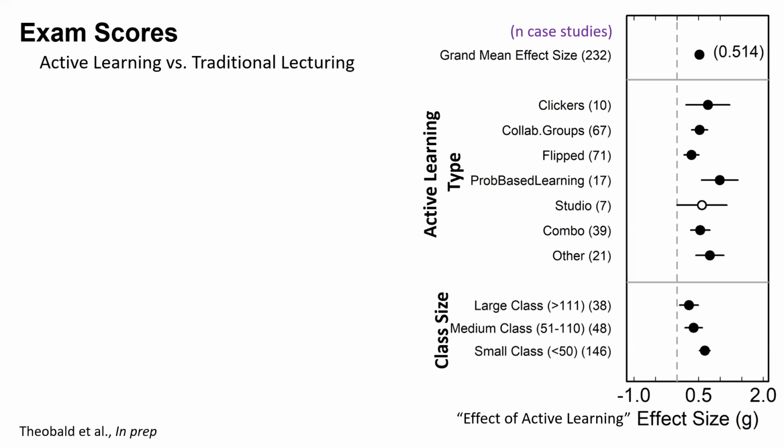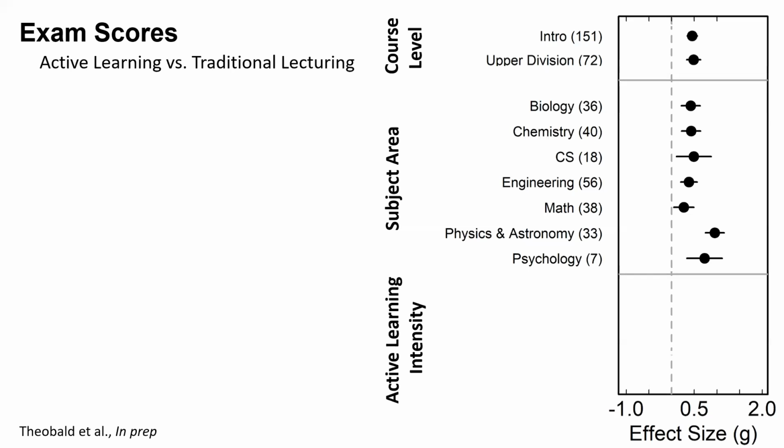I want to show you more data because I'm actually more excited about this next one. So we're looking at intro and upper division at the very top, subject area. I'm so sorry that picture is sample size. Anyways, and then active learning intensity.